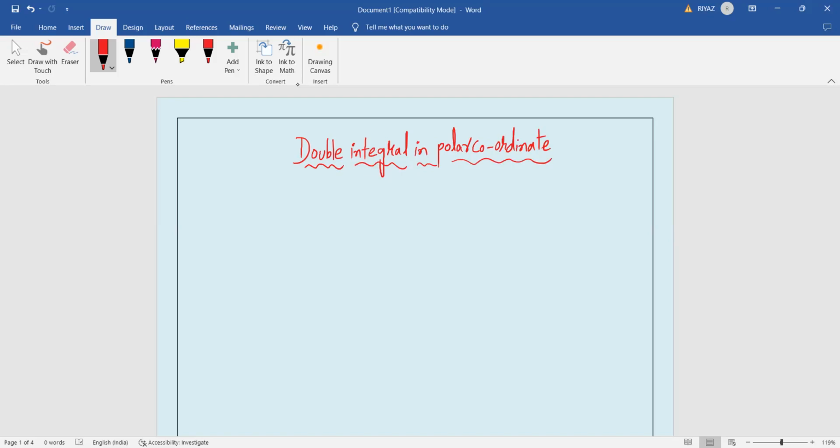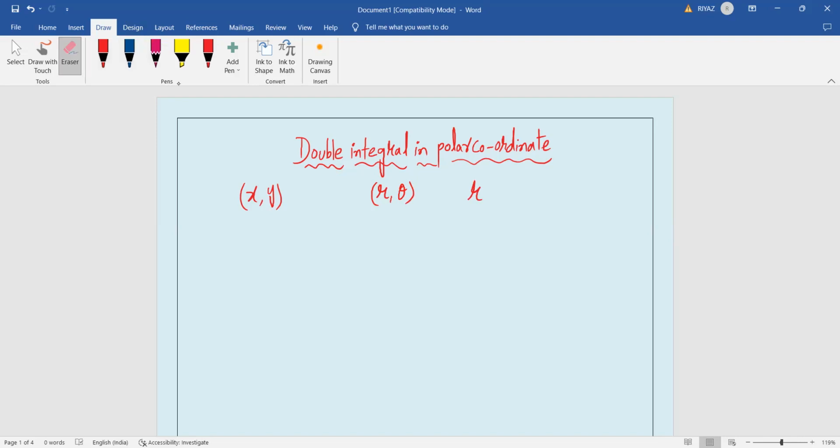Cartesian coordinates means your point will be in this format x comma y, but in polar coordinates it will be in this format r comma theta. Here x comma y is there, here r comma theta is there, and the relation between them is this.